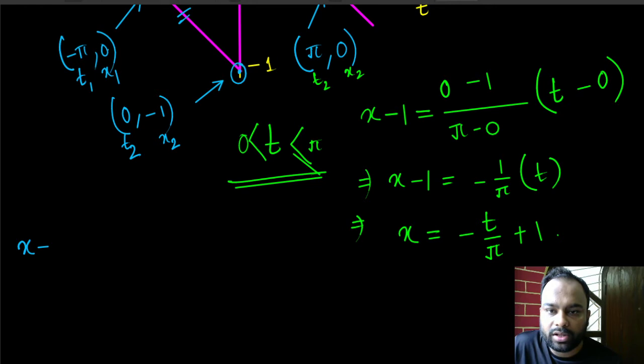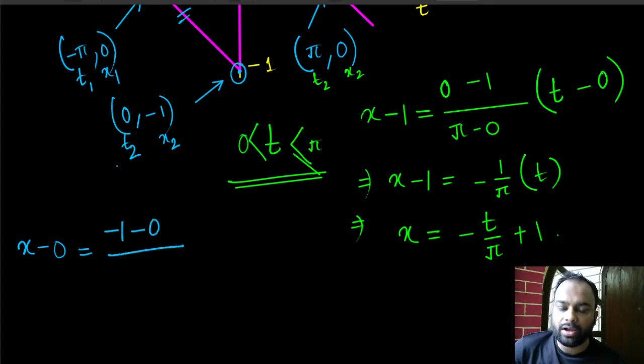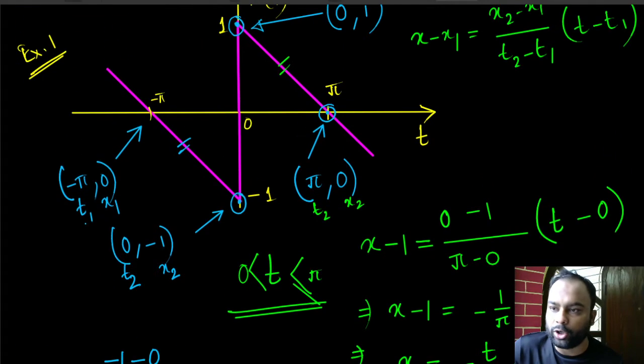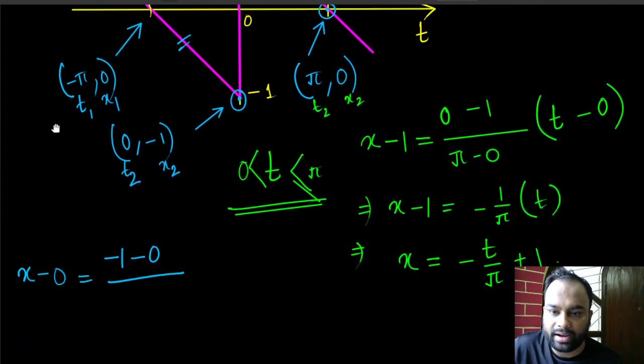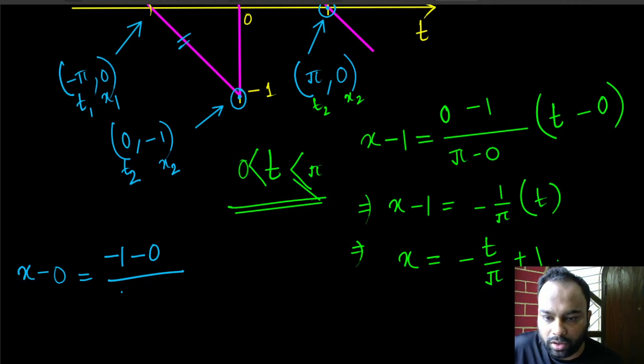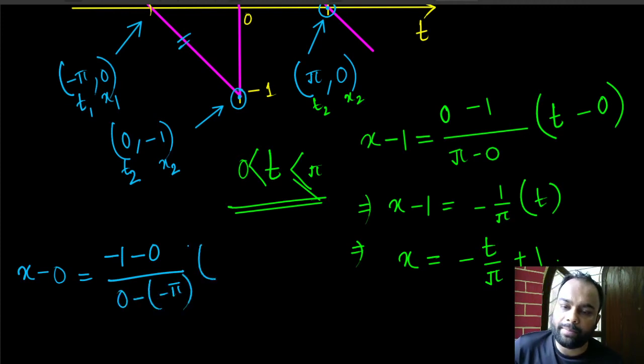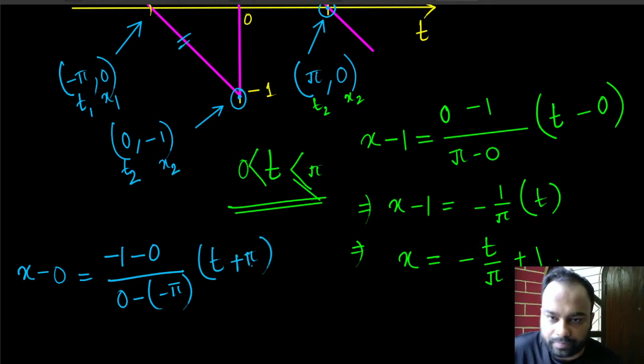So x minus 0 equal to x2 minus x1. So x2 minus x1 is minus 1 minus 0, divided by t2 minus t1, so 0 minus of minus pi, and we multiply with t minus t1. What is t1? Plus pi.